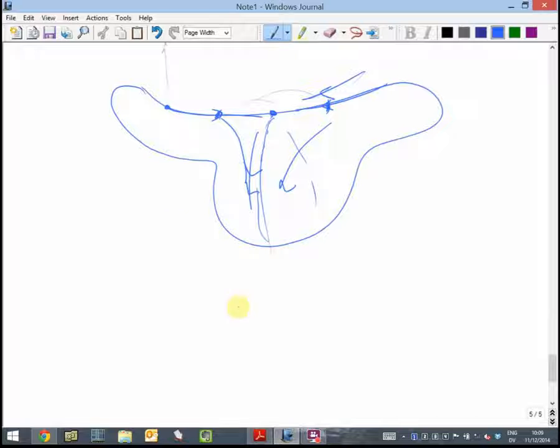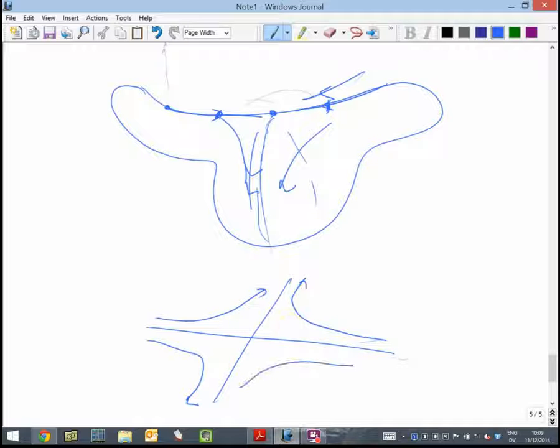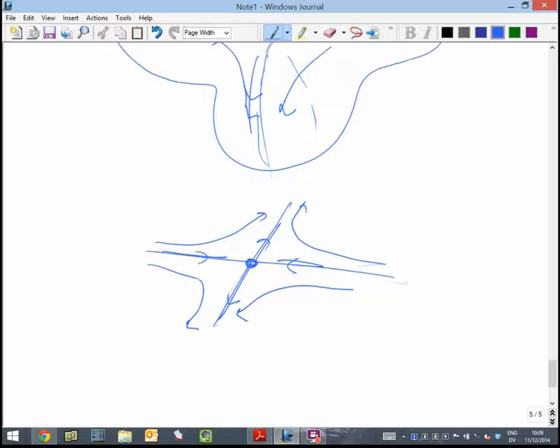And if you project these trajectories down below on the plane like this, you indeed see trajectories which move like this. So here you can clearly see the attracting and the repelling directions. So this is a saddle point.